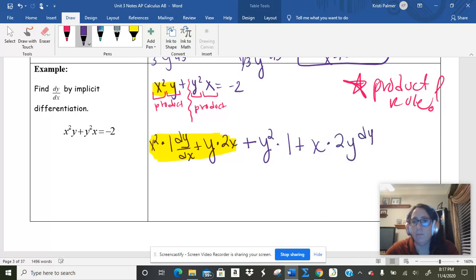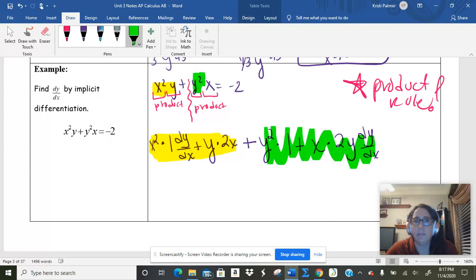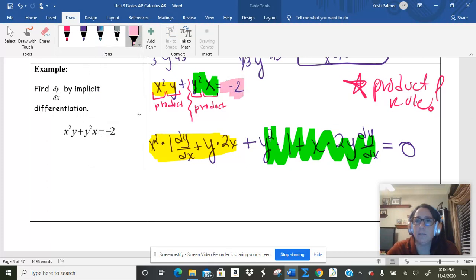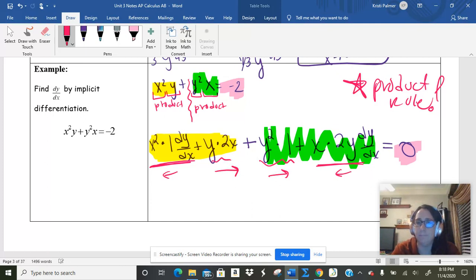But I took the derivative of y with respect to x. This piece is the derivative of that, equals the derivative of -2, which is 0. Okay, so now anything with a dy dx, we're going to go to this side, and anything without a dy dx, we're going to take over to that side.